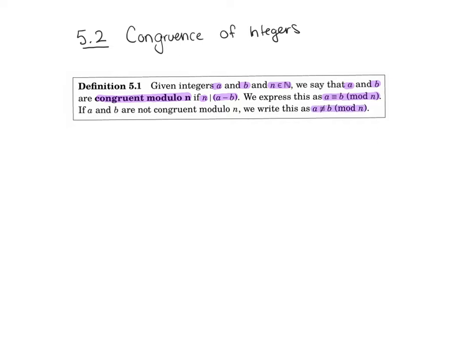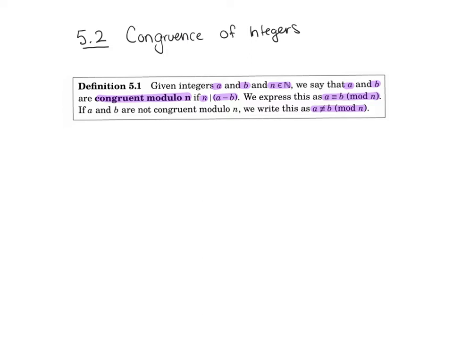Okay, so let's see if we can figure out what this definition is talking about. It says that two integers are congruent mod n if n divides their difference. Now, if you've dealt with congruency mod n before, this is probably not the way that you think about this definition. So let's see if we can build up some intuition for what this means.